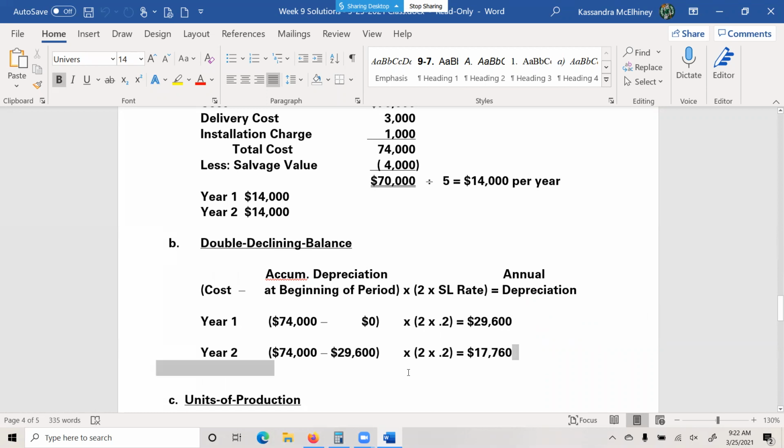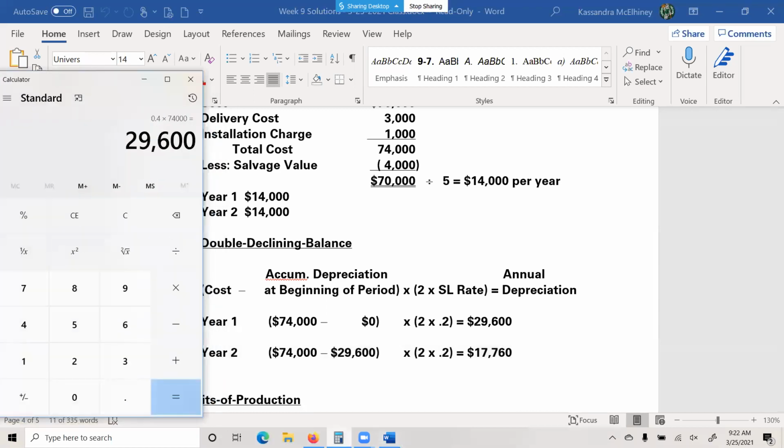So year two double declining balance depreciation would be the $74,000 cost minus $29,600 accumulated depreciation as of year two.